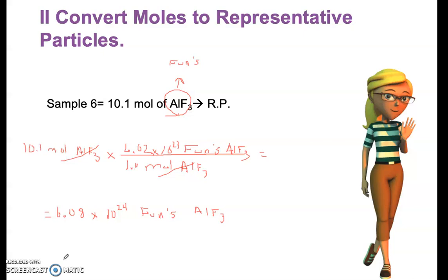The second thing is, where do you want to go? So find the starting location on the mole map, and find the ending location. All right, then look at the conversion factor that you're going to obtain from the mole map, and hopefully everything cancels out for you and you shouldn't have any problems.